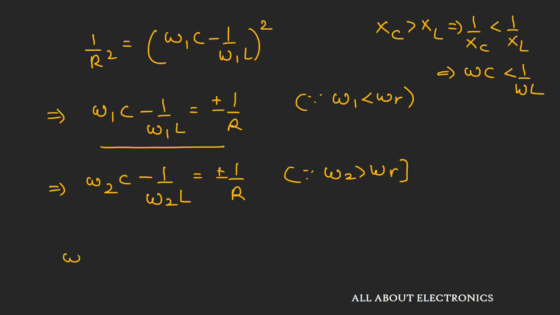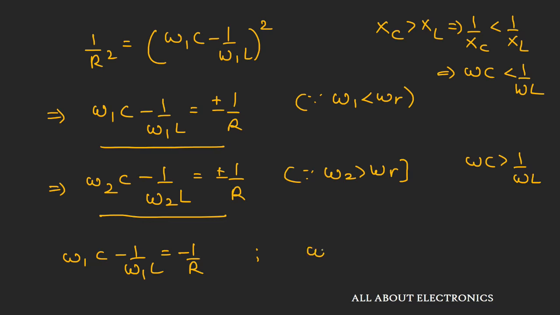That means ω1 C − 1/(ω1 L) is equal to −1/R. And similarly for the second, ωC will be greater than 1/(ωL), so we will get ω2 C − 1/(ω2 L) equal to 1/R.